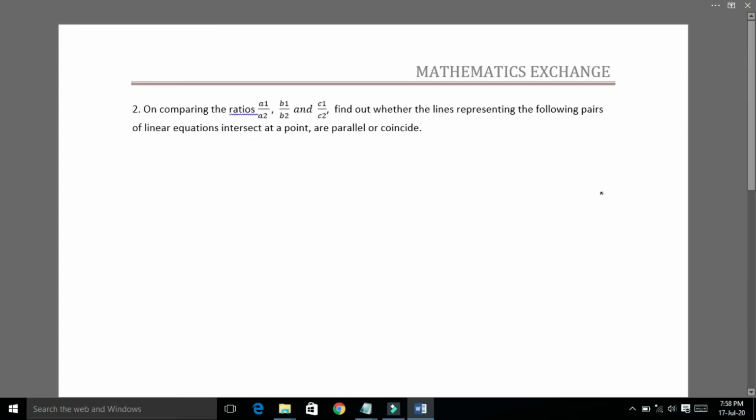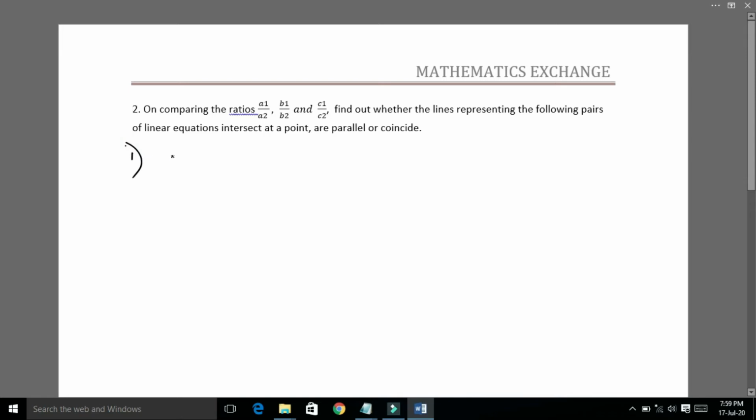So question number 2 is, on comparing the ratios a1 upon a2, b1 upon b2 and c1 upon c2, find out whether the lines representing the following pairs of linear equations intersect at a point, are parallel or coincide.